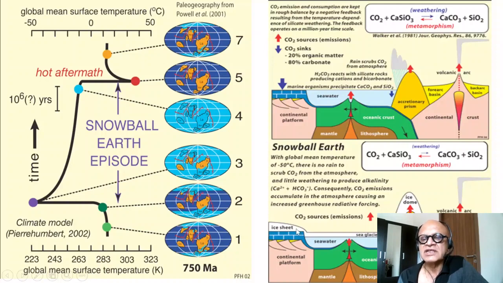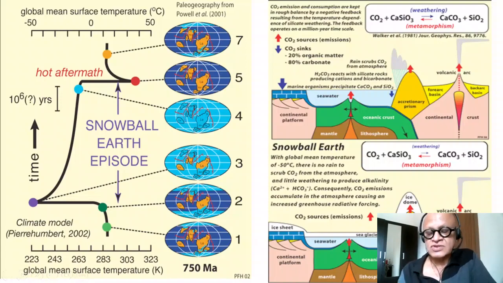So weathering is basically turned off, not only because it's very cold, but also because you have covered up all the weatherable material with ice, which would make the silicate rock formation and metamorphism dominate, whereas CO2 drawdown is not happening because CO2 emission from volcanic activity would continue. So CO2 would build up in the atmosphere and would dissolve eventually the ice that has built all the way down into the deep tropics.